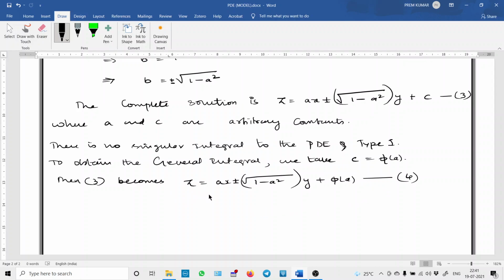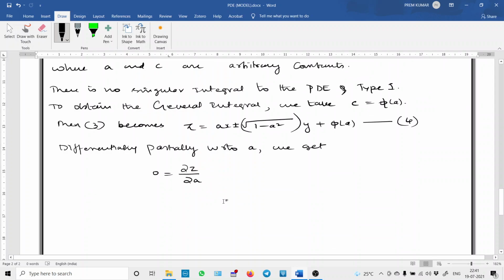So to find the envelope of this, we have to do partial differentiation. Differentiating partially with respect to a, what happens? Dou z by dou a is equal to 0 because z involves only x and y. The first term becomes x, plus or minus as it is.